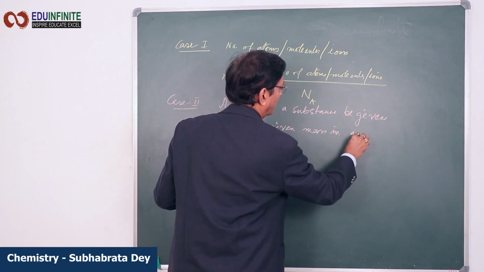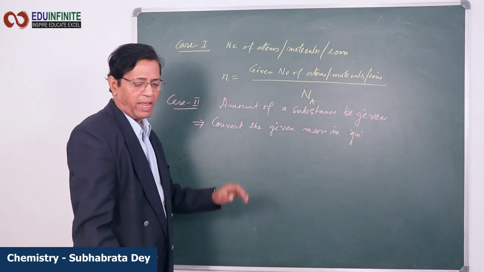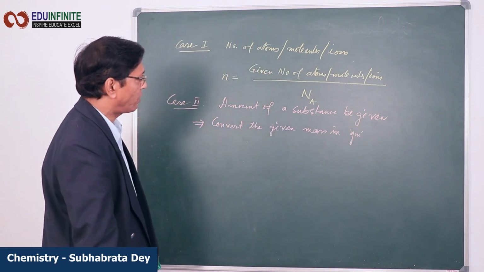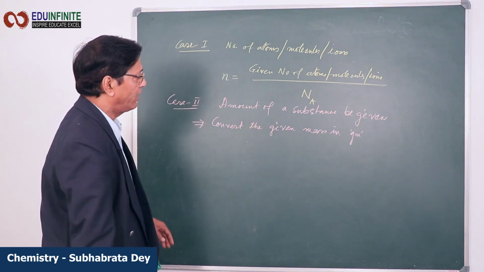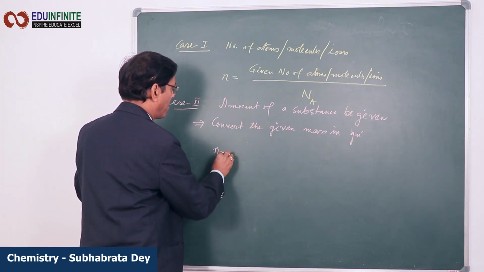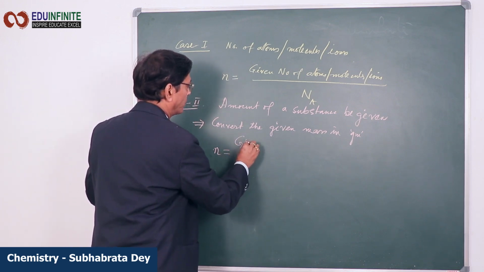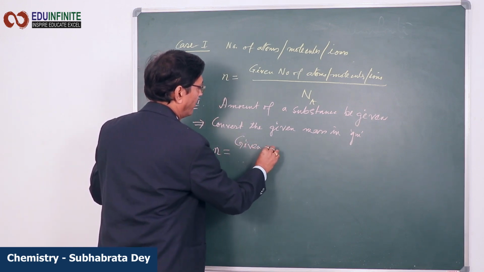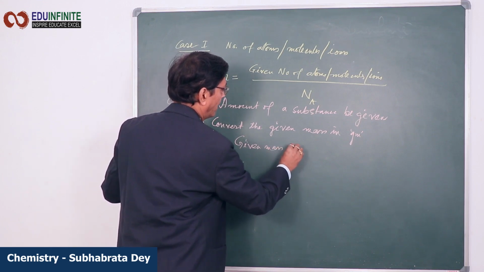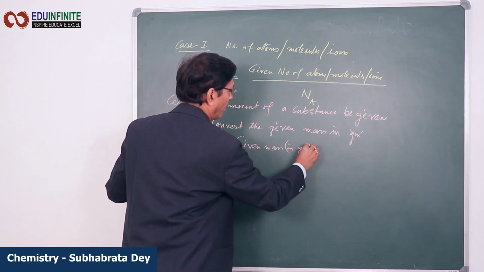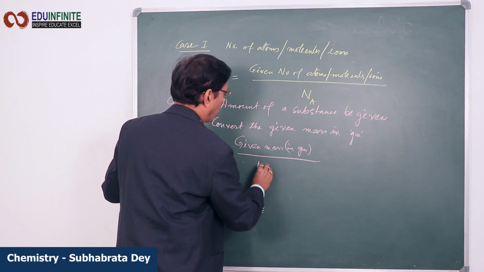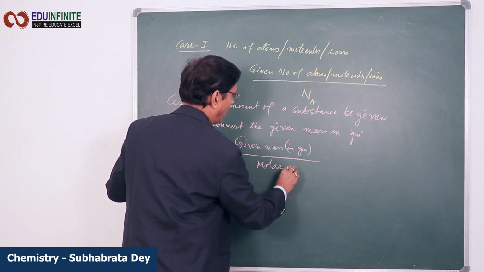That is the first step. Any unit given with respect to the mass of the substance, you have to convert it into gram. Then the number of moles is equal to the given mass in gram divided by the molar mass of the substance.